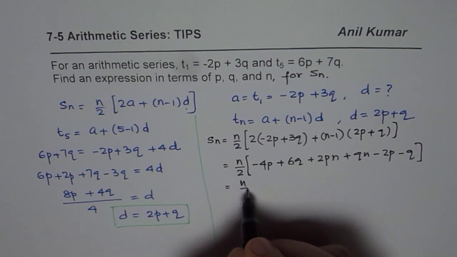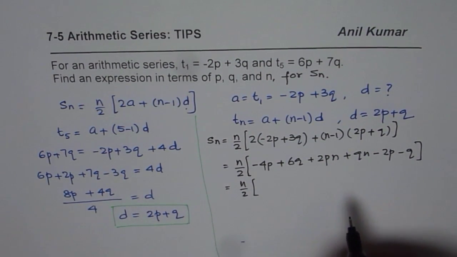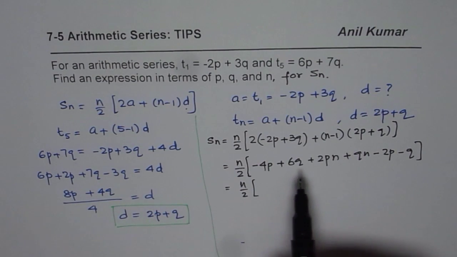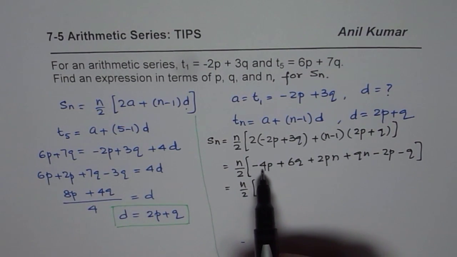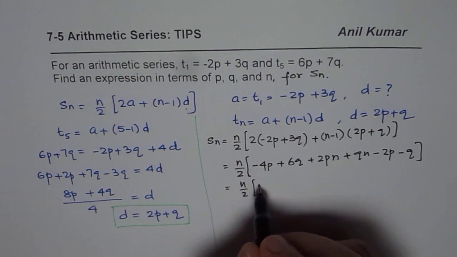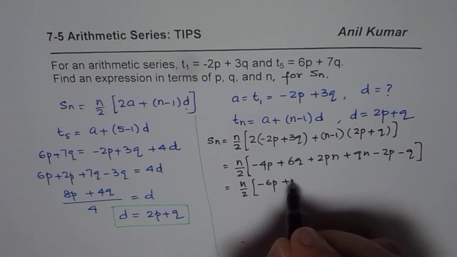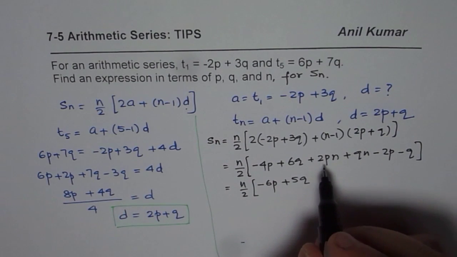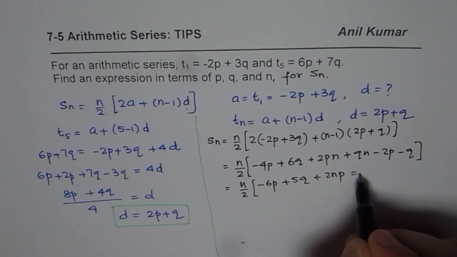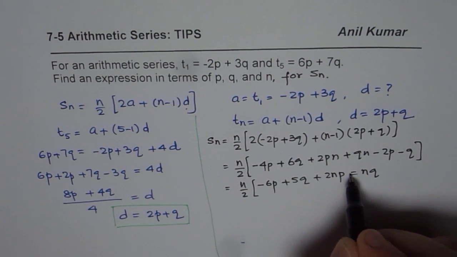Let's combine the like terms. Minus 4p and minus 2p becomes minus 6p. As far as q is concerned, we get plus 5q. Then here we have plus 2np, and here we have n times q.